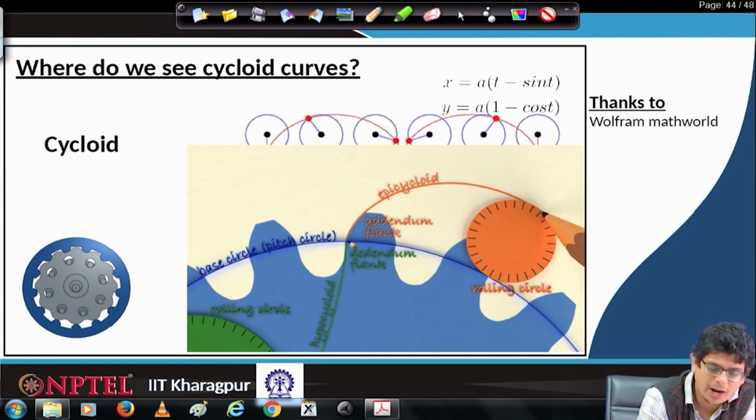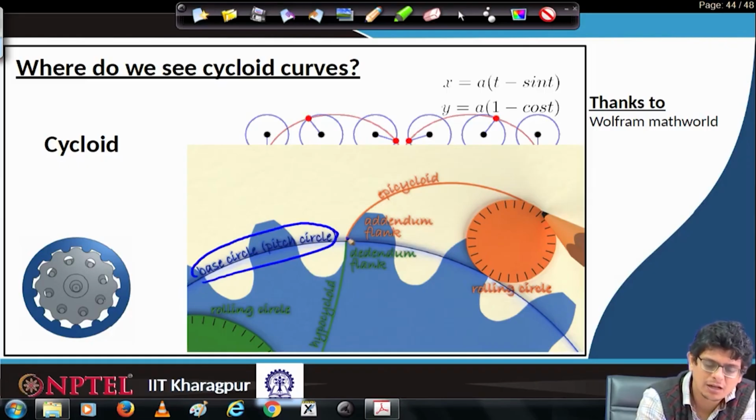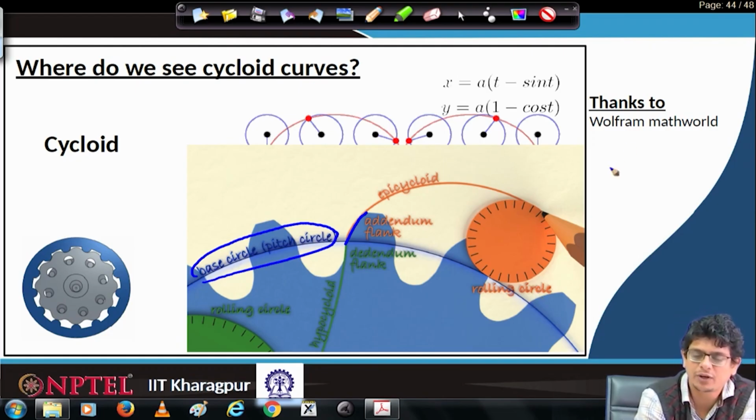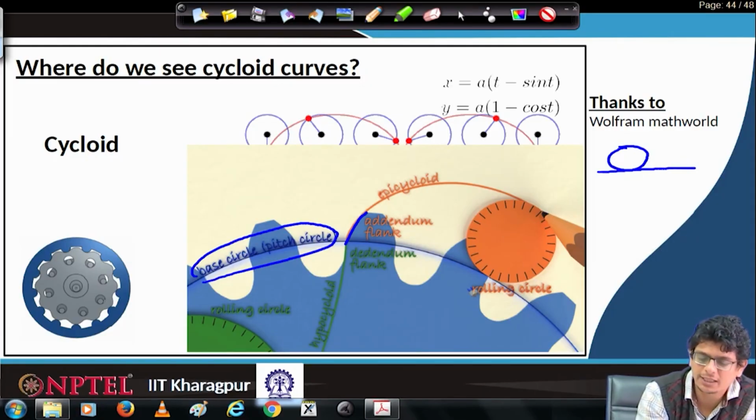The part of the curve above this base circle, up to a certain length, we call epicycloid, because it is rolling over another circle. Cycloids we usually get by rolling on a straight line. For these epicycloids, the point is on top, and this circle is continuously rolling on another circle.